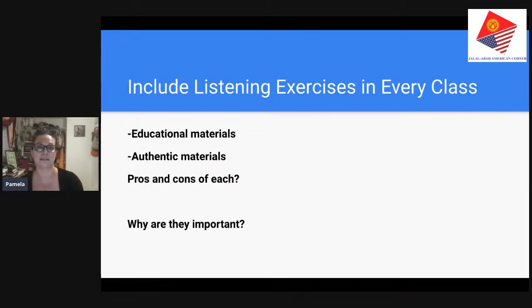They will make these materials targeted for that level of student and for the topics needed for their particular goals. So for example, if you're teaching a general English class, you're going to have broad topics that cover a lot of things and don't have those fourth tier words like we were talking about.